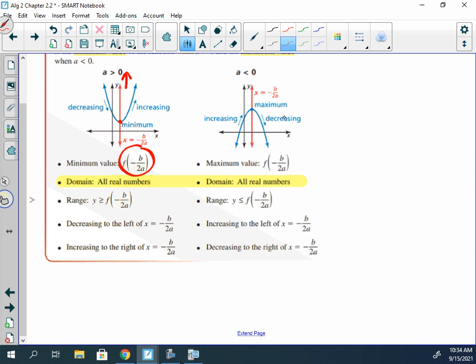The maximum, again, it's really focused, not on the x, but on the y. So once we find the vertex, we can tell, okay, the maximum value is this, or the minimum value is this. The range is going to be greater than it or less than it. Increasing, decreasing.